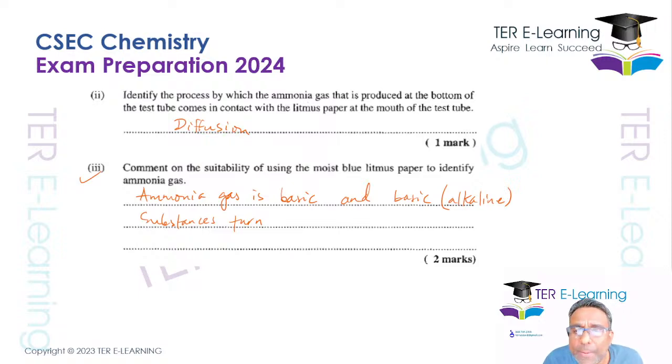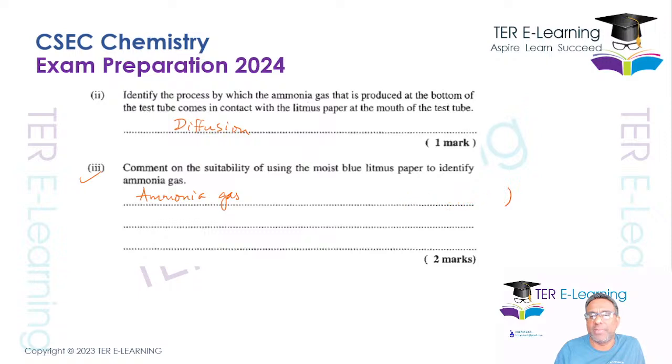Wait, hold on, I'm saying this wrong. So you want to test for ammonia gas. Now let me just make sure I have something clear with you guys here. If you want to test for an acid, blue litmus turns red. So for an acid, blue litmus will turn red.